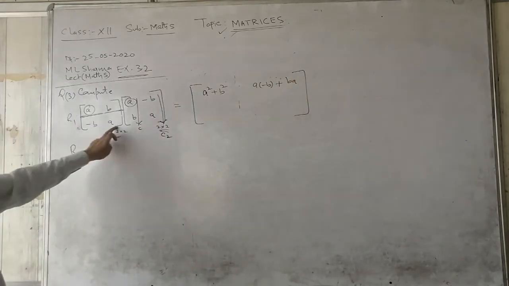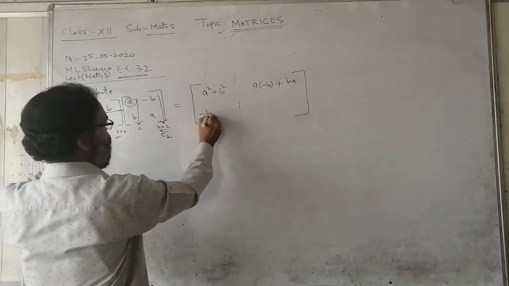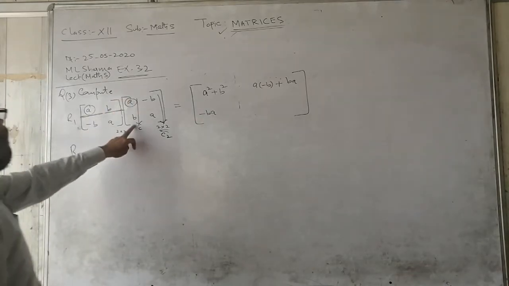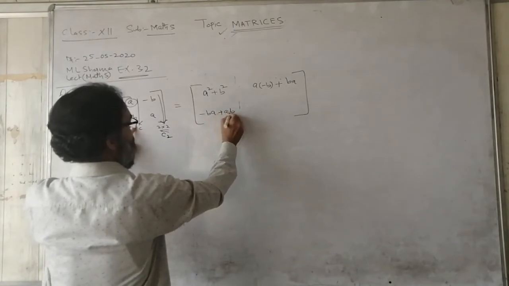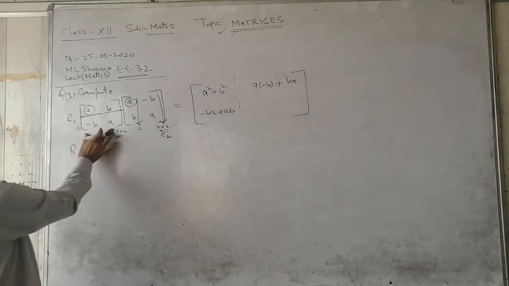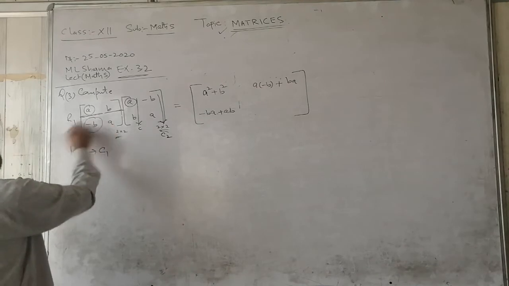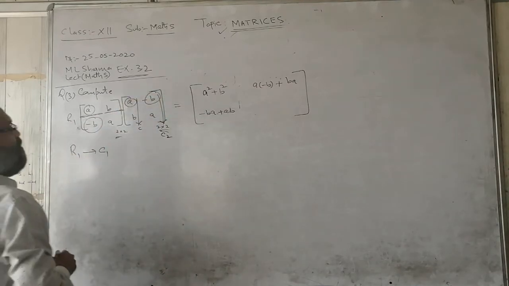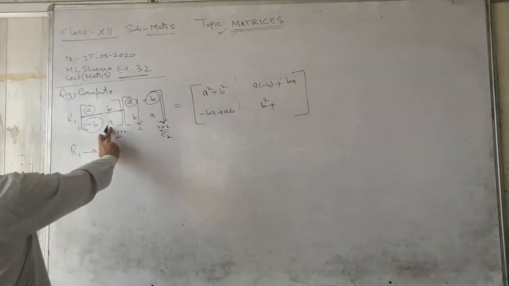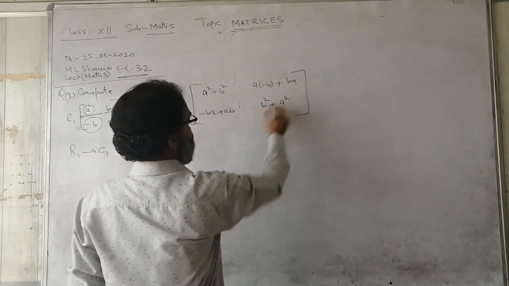Now this row second is to be taken, minus B multiplied by A. So this will be minus BA. Then A multiplied by B plus AB. Again this row R2, its elements are to be multiplied by the elements on C2. So this is minus B multiplied by minus B, which gives B square, plus A multiplied by A, which gives A square.